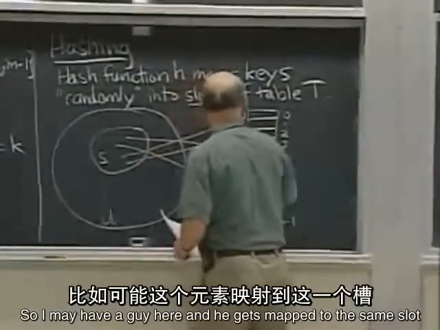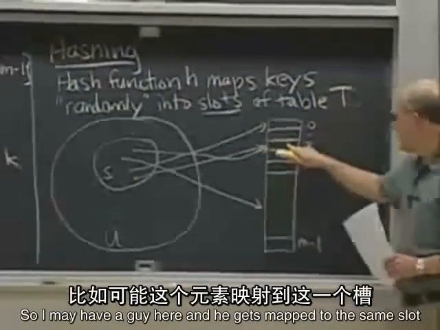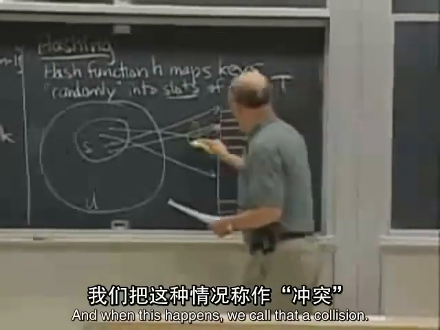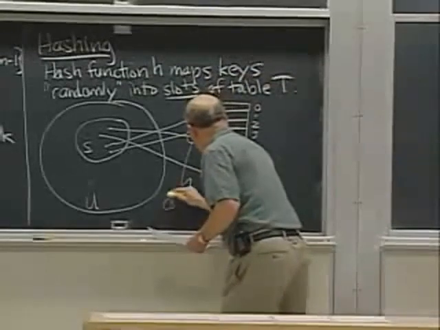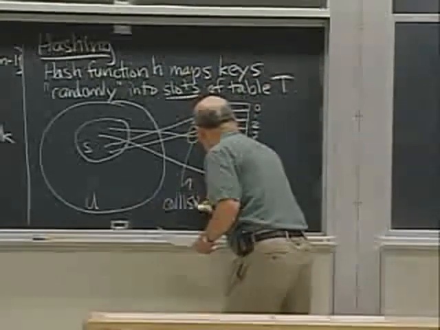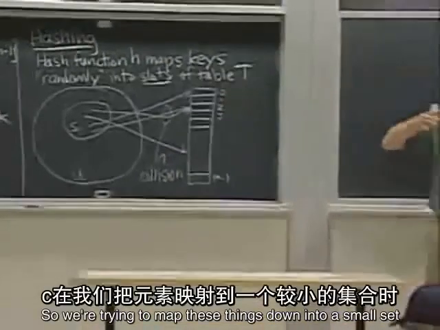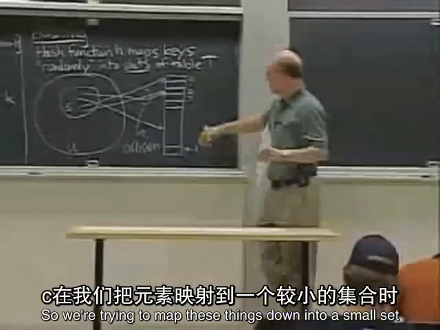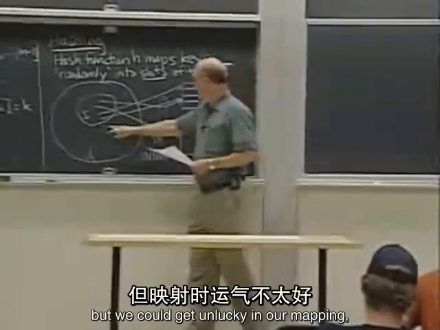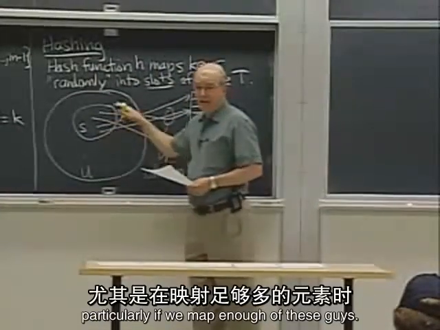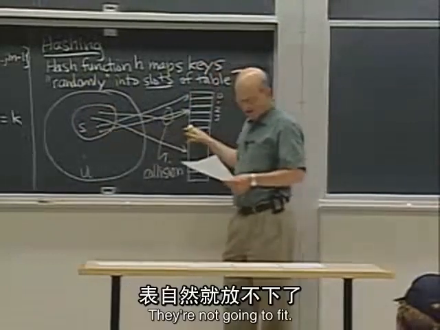I may have a guy here, and he gets mapped to the same slot that somebody else has already been mapped to. When this happens, we call that a collision. We're trying to map these things down into a small set, but we could get unlucky in our mapping, and particularly if we map enough of these guys, they're not going to fit.